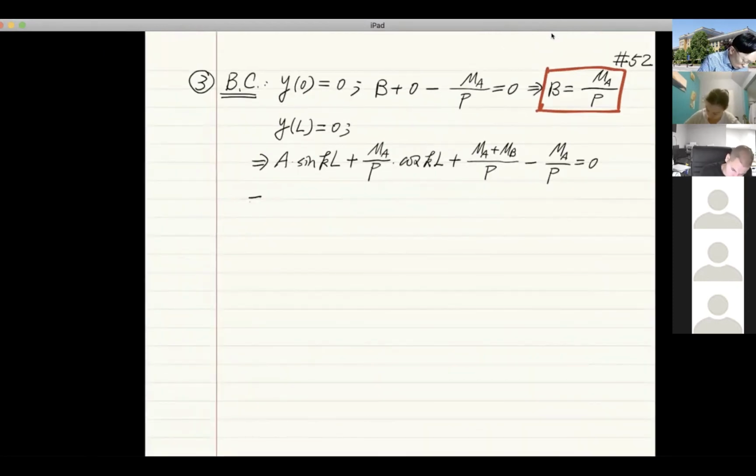And that can also be written as, after canceling the terms and rearranging them, we can find the expression of A. I'll just give you the expression. That is simply negative 1 over P times sine KL times the whole thing, which is MA times cosine KL plus MB. So this is the expression of A.